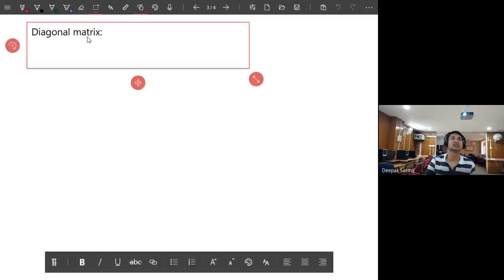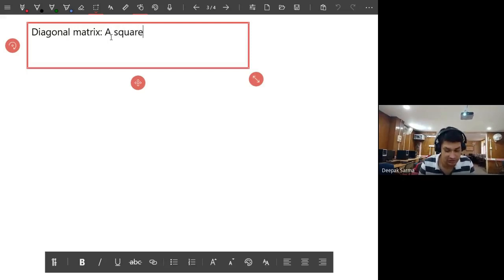Now, if only the diagonal entries are there and other than that all are 0, we have a diagonal matrix. A diagonal matrix means a square matrix having all non-diagonal entries, or elements, as 0.